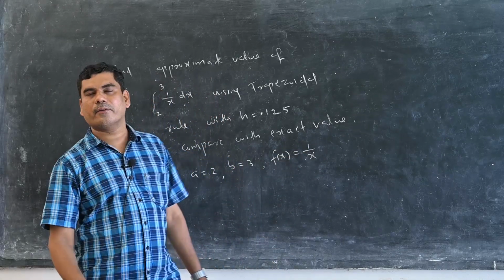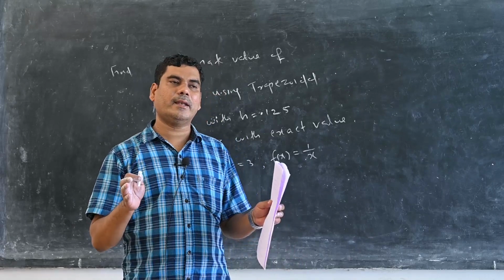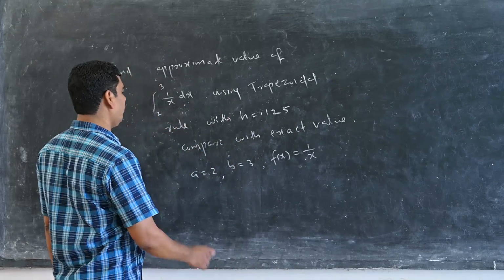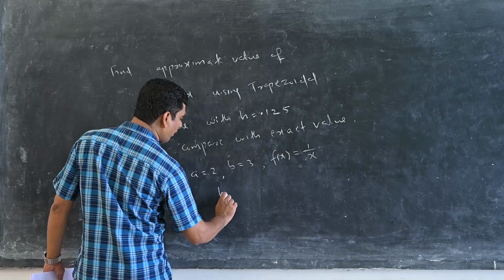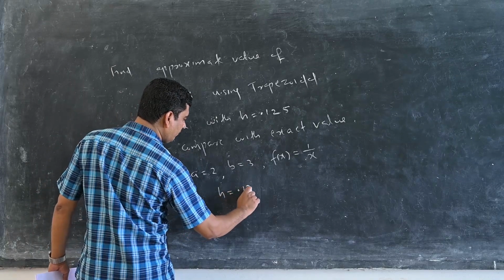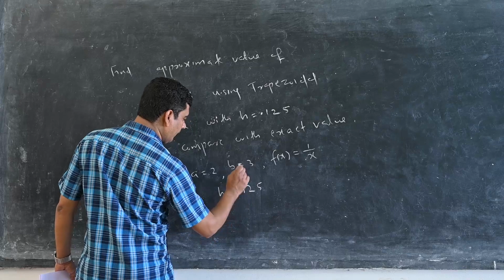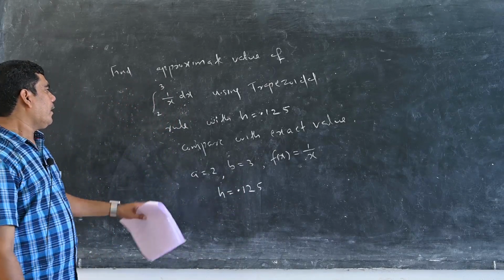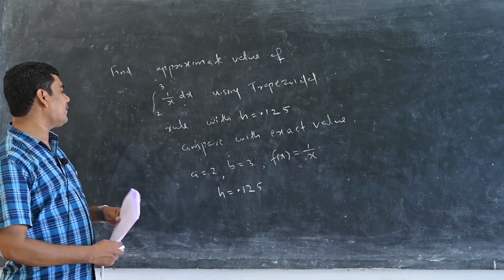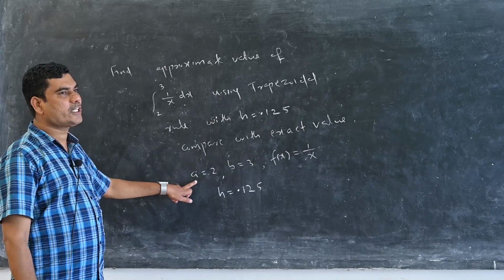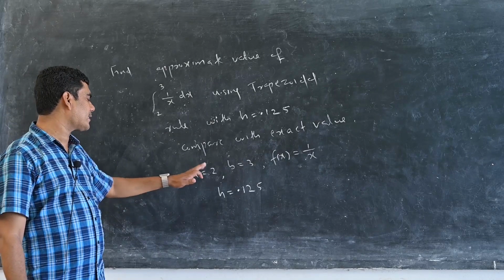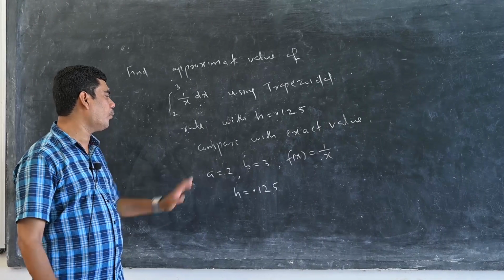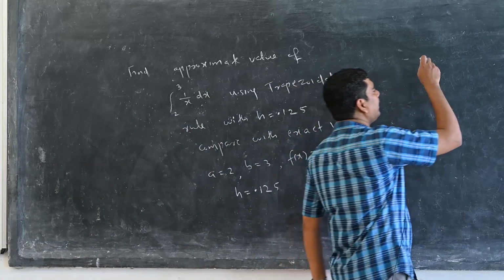Here we are given the length of each subinterval, h is equal to 0.125. Now start with x naught is equal to a, the left end point of the interval AB, 2. X naught is equal to A is equal to 2.